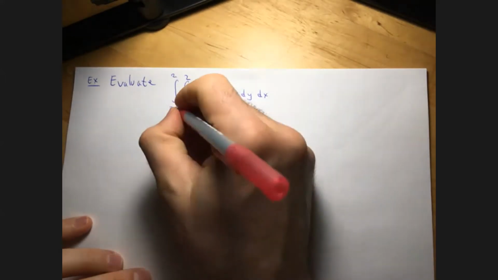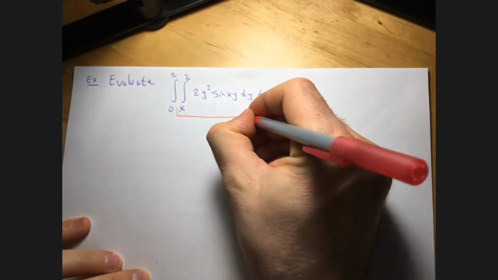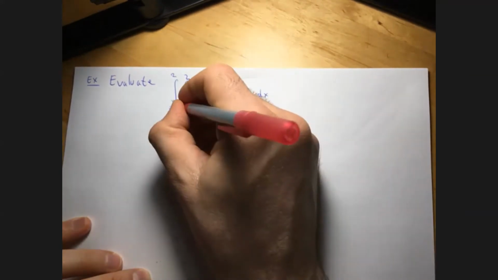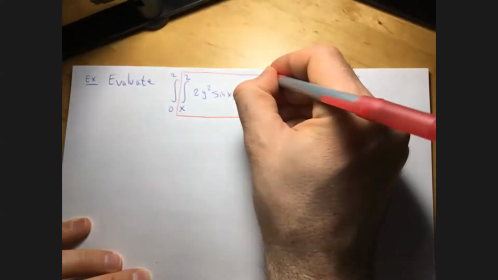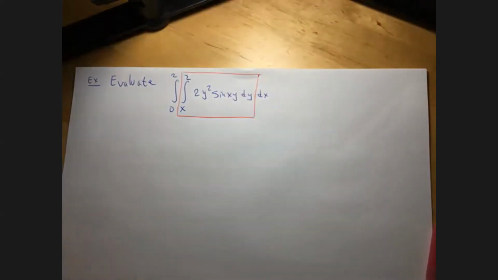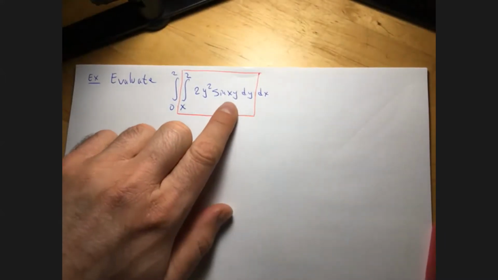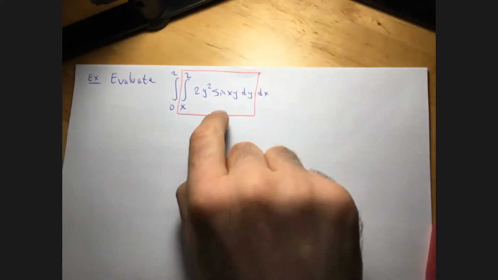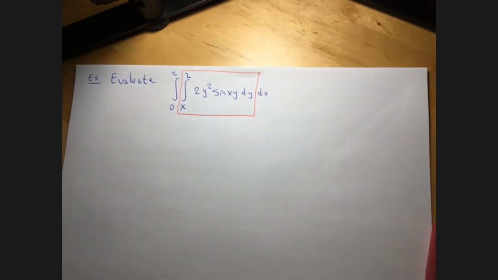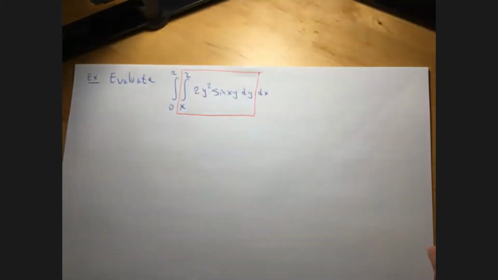First thing that we want to notice is that this integrand cannot be expressed as a product of two functions independently defined in terms of x and y, because of this guy right here, sine of xy. Okay, that means I take on the standard procedure. I treat x as a constant and I evaluate the integral with respect to y.